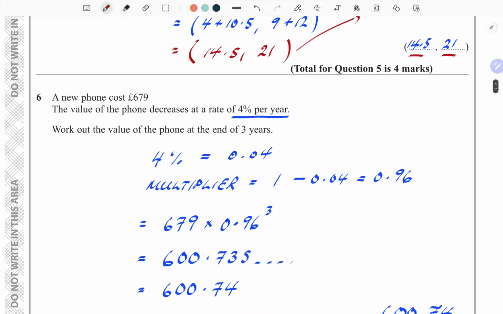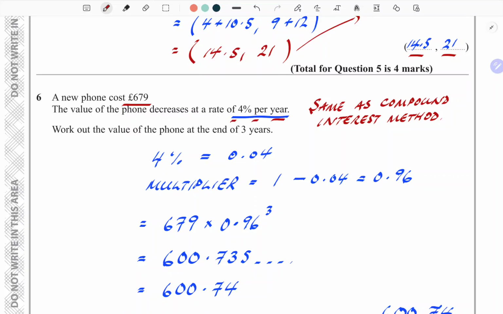Number 6. This is a compound interest type of question, same compound interest method, except this time you are decreasing the value. So what they're saying, a new phone costs £679, and the value of the phone decreases at a rate of 4% per year.